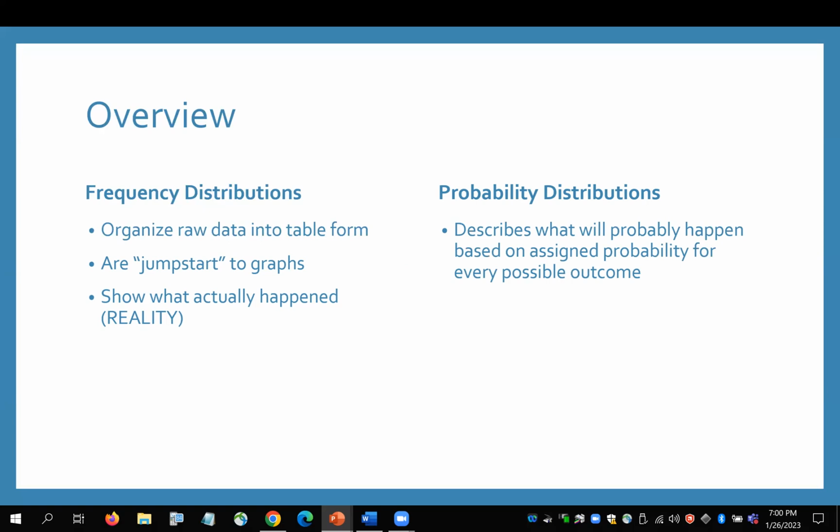Think about flipping a coin. Let me see if I can make some notes. When I flip a coin, I'm either going to flip a head or I'm going to flip a tail.